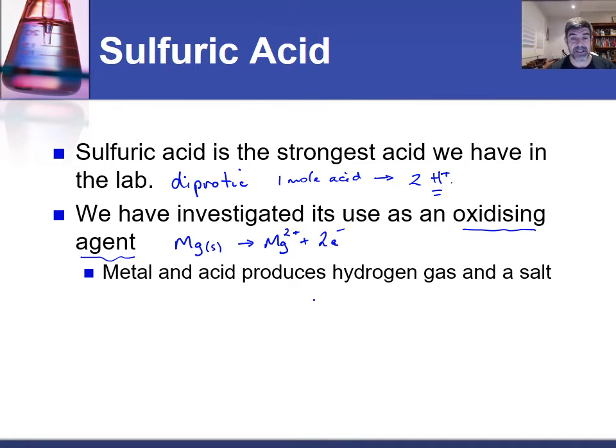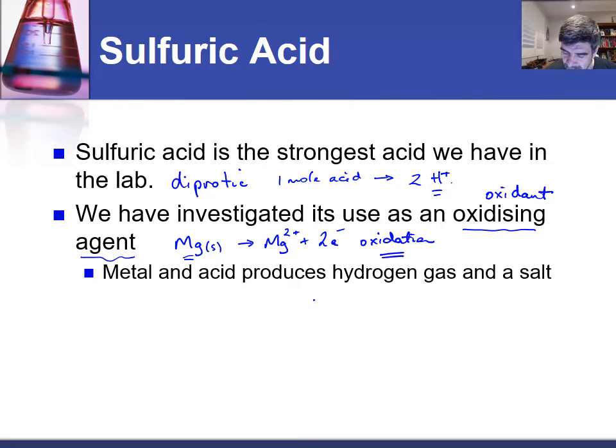Because this is electrons being lost, this is an oxidation step. And what causes the oxidation is the oxidizing agent, or the oxidant. And so therefore, it's the acid that is acting as the oxidant in this case, as the magnesium dissolves in the acid, producing magnesium ions.